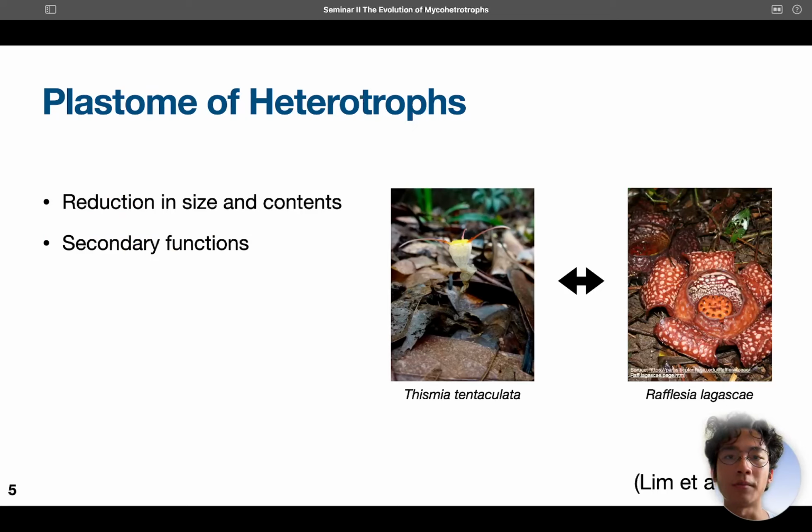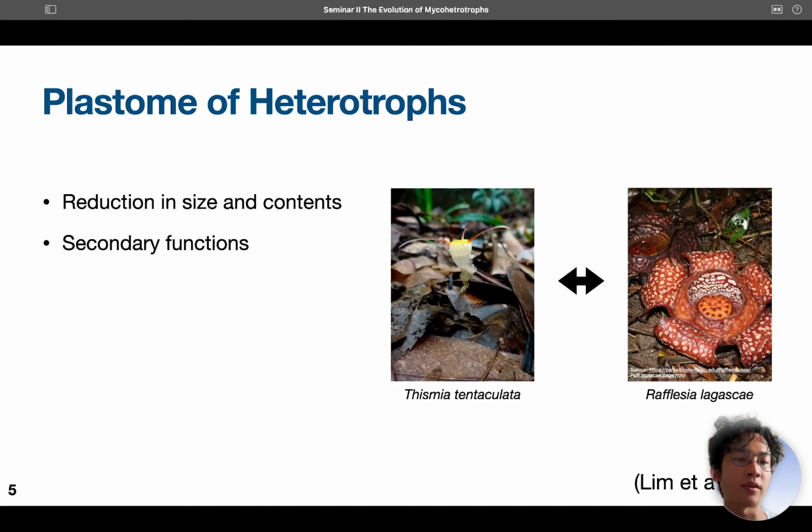Also, this study compares the mycoheterotrophic plant to other heterotrophic plants. In this case, it's the parasitic plant. An example is the Rafflesiaceae. Both have a reduction of their genome, in size and in the contents within it.